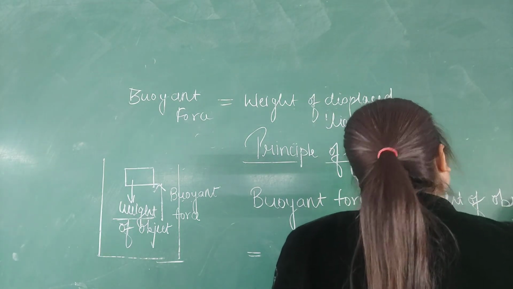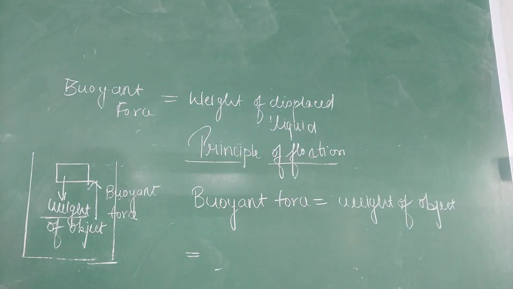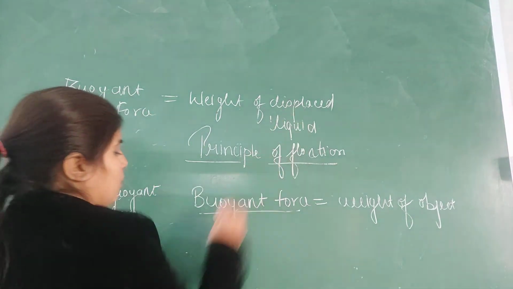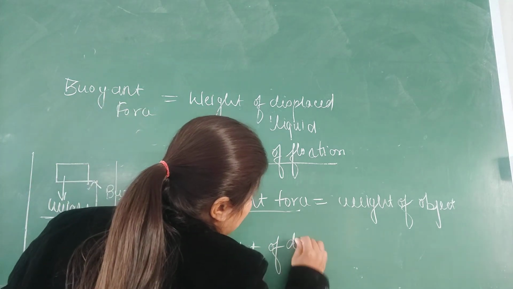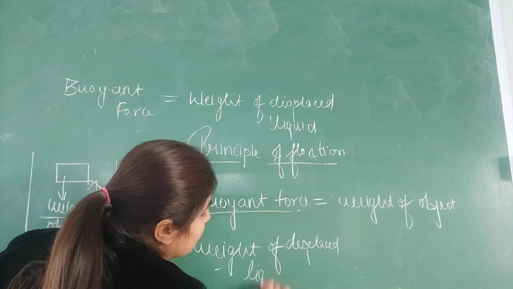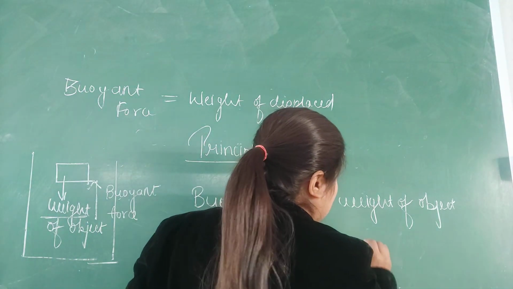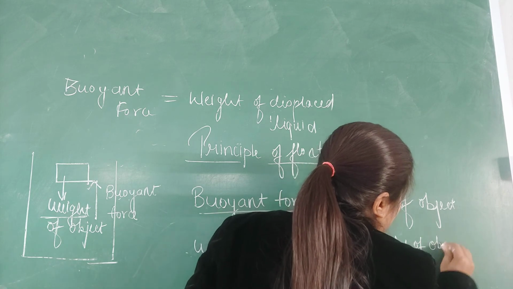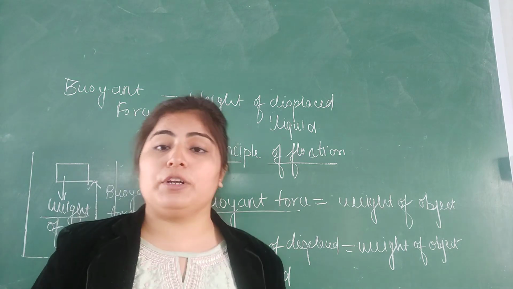And from Archimedes' principle, we have derived that the buoyant force is equal to the weight of the displaced liquid. So finally we can conclude that whenever the weight of the displaced liquid is equal to the weight of the object, then the object will float. This is the principle of flotation.